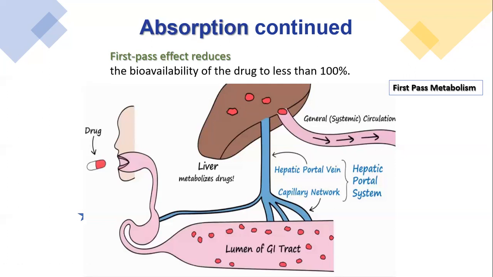It is the metabolism of pharmacological agents when drugs are absorbed from the gut and delivered to the liver via portal circulation. The greater the first pass effect, the less the agent will reach the systemic circulation when the agent is administered orally.